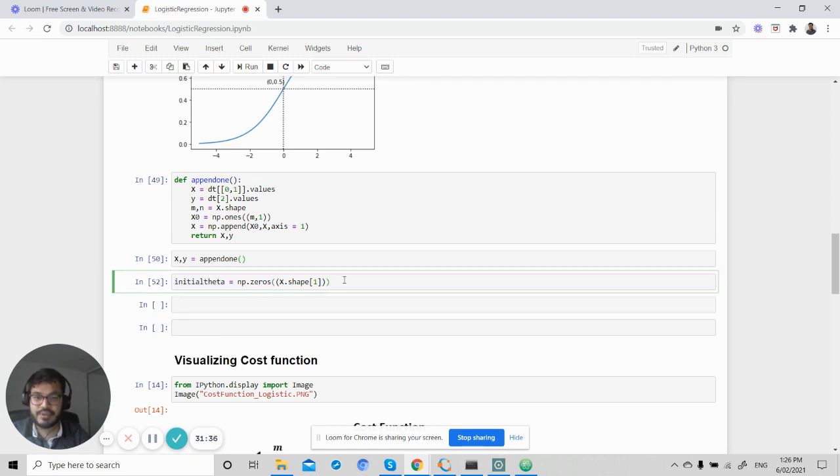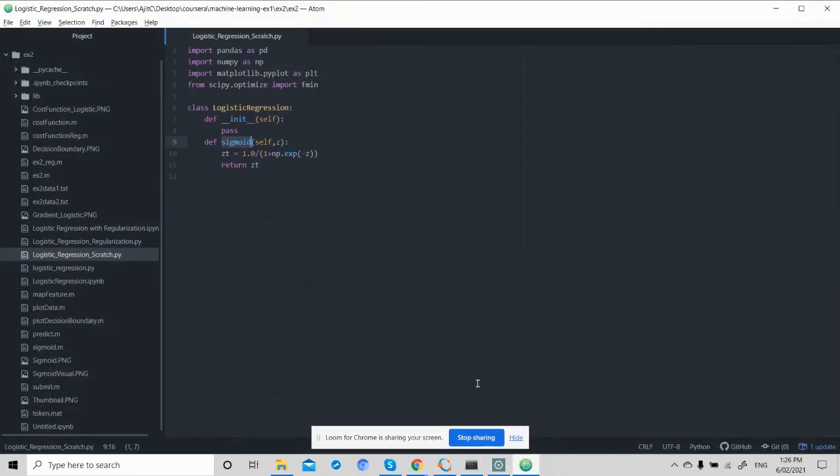Now let's write a hypothesis for this equation in my class. So this is my sigmoid. Let's write a hypothesis. Hypothesis will accept x and theta. So as I said, we need to do dot multiplication, dot of x comma theta, and then we need to apply sigmoid.